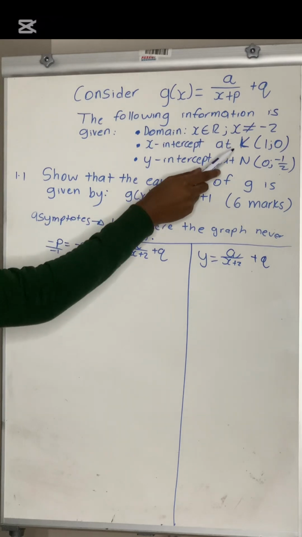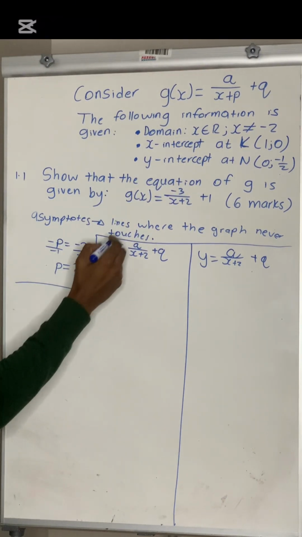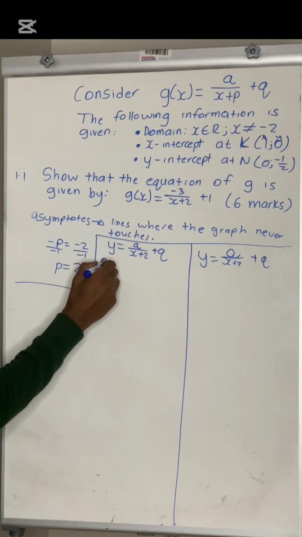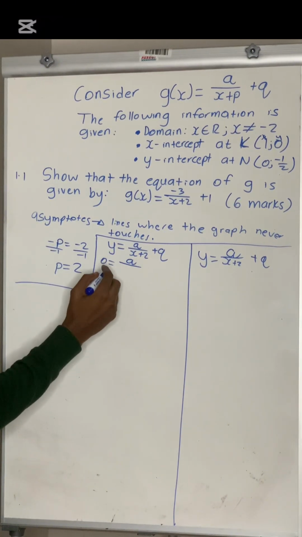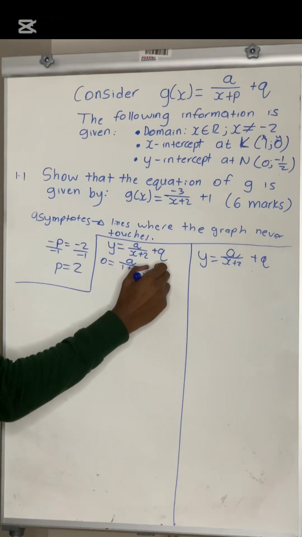Let's substitute the first point, which is (1, 0). So 0 is the y value, and this is the x value. So let's substitute: 0 is equal to, we don't know a, so a divided by x, which is positive 1, and then plus 2, and then plus q.